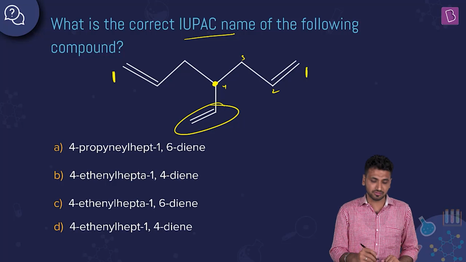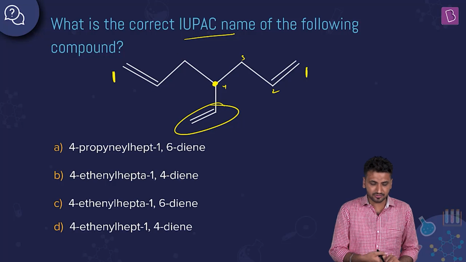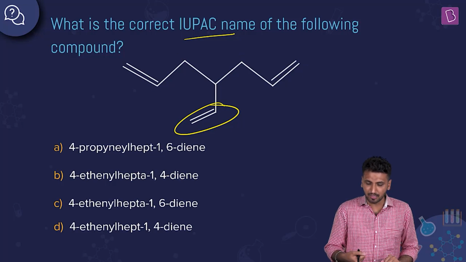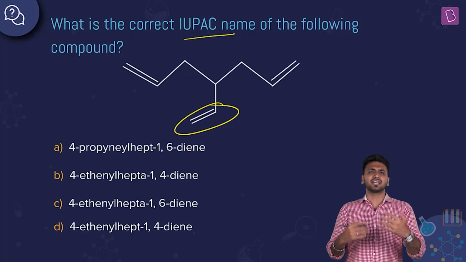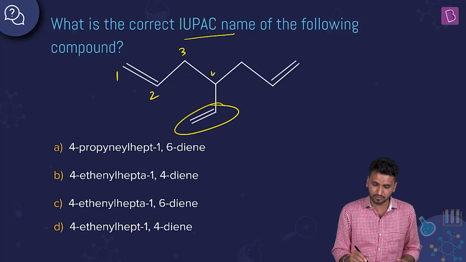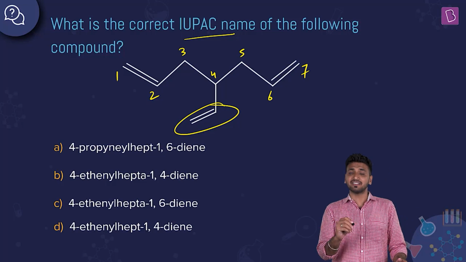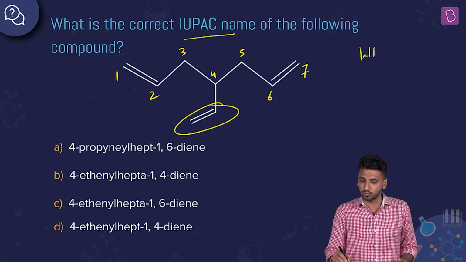And if I start from right, 1, 2, 3, 4. So okay, fine, this is a tie case from both sides. I'm getting number 4 for this carbon, so I can start from any side, right? So let's do it from here: 1, 2, 3, 4, 5, 6, and 7, right? So the moment I see 7, the word root will be what?